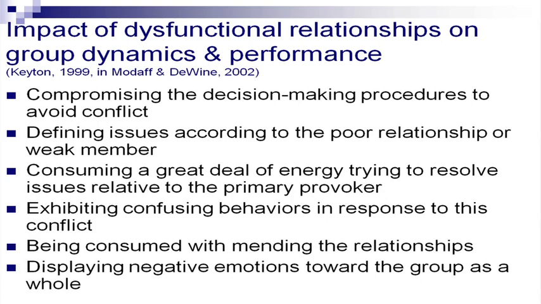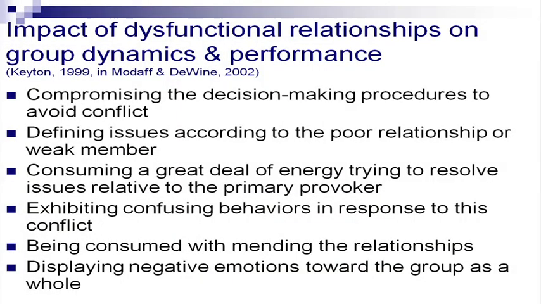So what happens is that if there are people who are flying off the handle, who are not falling in line, who are not doing things as expected, who are not following the norms, making it very uncomfortable for the rest of the group members, the procedures that are set in place by the group become plagued by such dysfunctionalism, and they are compromised and they don't happen as they are supposed to happen, which in turn influences the achievement of the goal, and the effectiveness of the group.